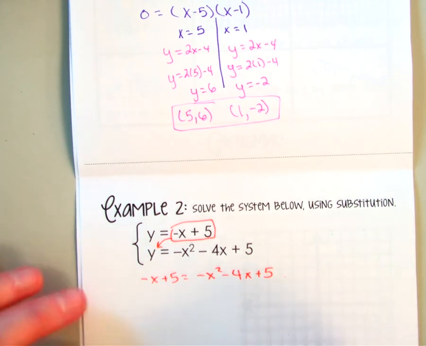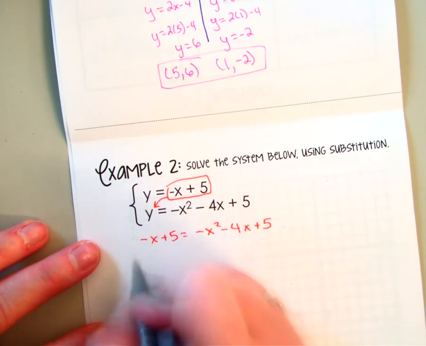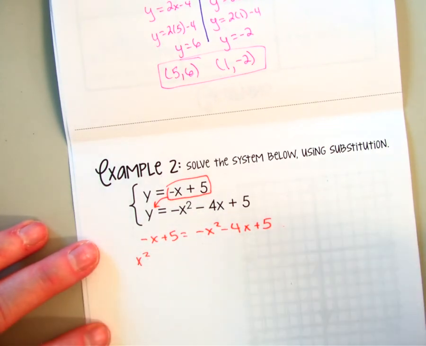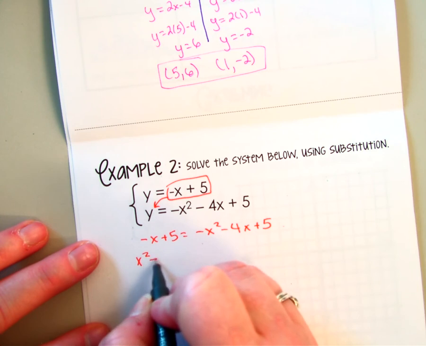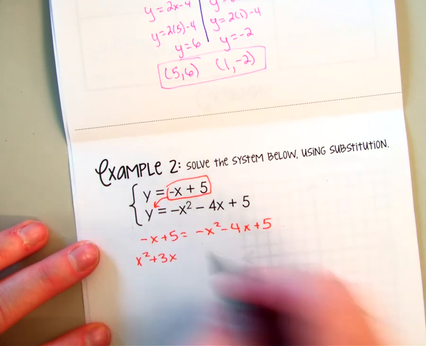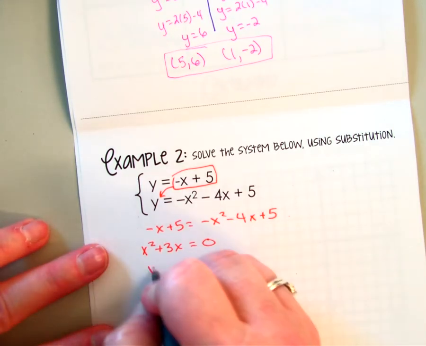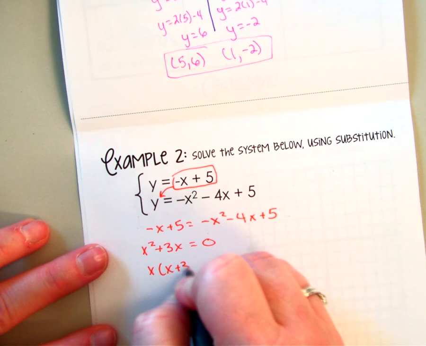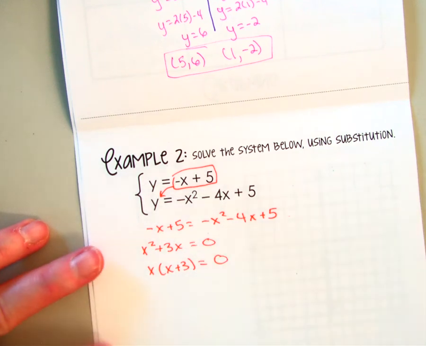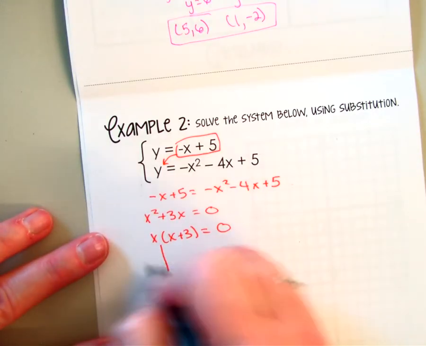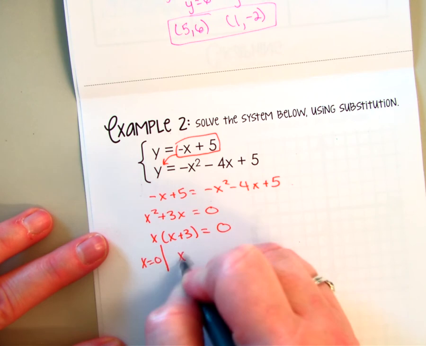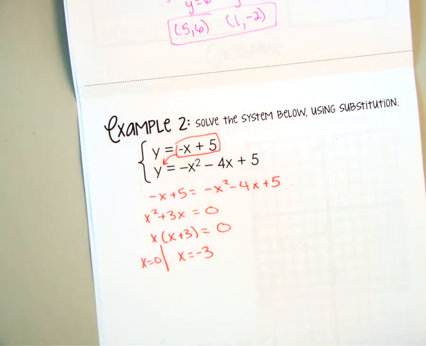So I don't want that to stay negative. So I'm going to add my x squared over, add my 4x, subtract my 5, and that actually makes my 5s cancel out altogether. So then I have a nice GCF to factor out an x. So we get x equals 0 and x equals negative 3.